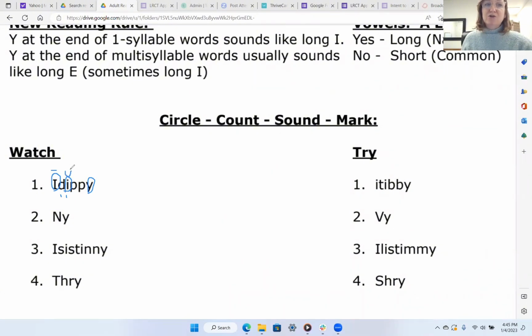It's going to make its regular short sound, I. Y at the end of a longer word usually makes the long E sound. So when we pencil read this word, it's I, D, I, P, E. I dippy. I dippy.